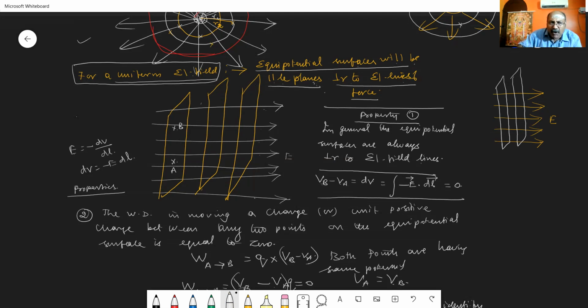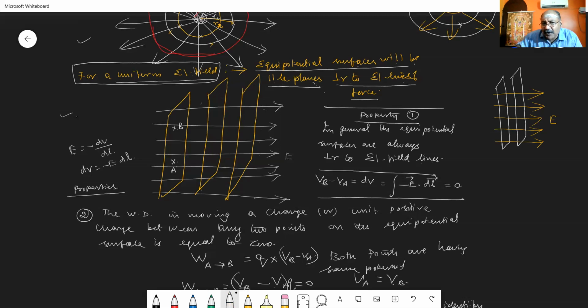So you consider both the cases, the point charge and the uniform electric field. In general, we can write that the equipotential surfaces are always perpendicular to the electric field lines. We can take this as one of the properties of equipotential surfaces. We can write the difference between 2 points on an equipotential surface.